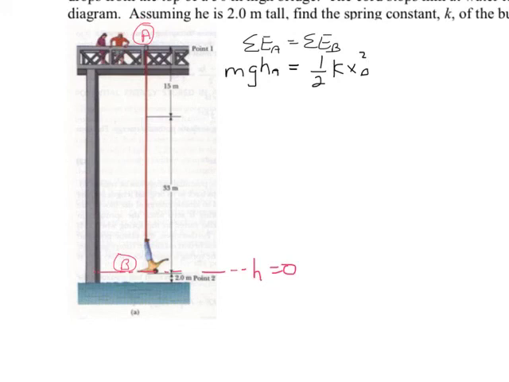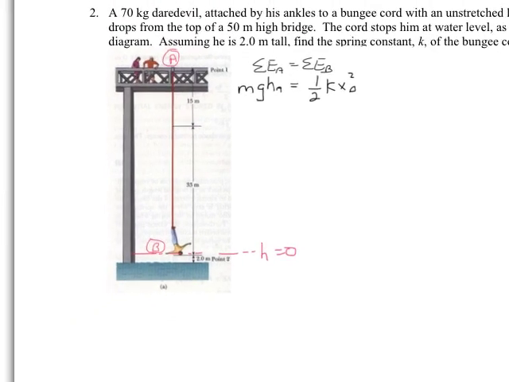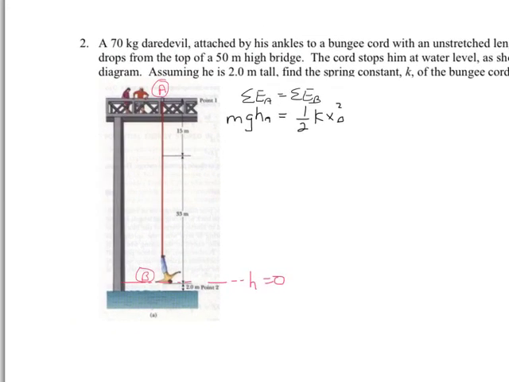Okay, so let's just take a look at this equation now and see if we can solve the question. Let me zoom out a little bit here. The daredevil we know is a 70 kilogram daredevil, so we can plug that in for the mass. Assuming this is happening on Earth, 9.8 newtons per kilogram. The height at point A with respect to the reference point, well, 33 plus 15.